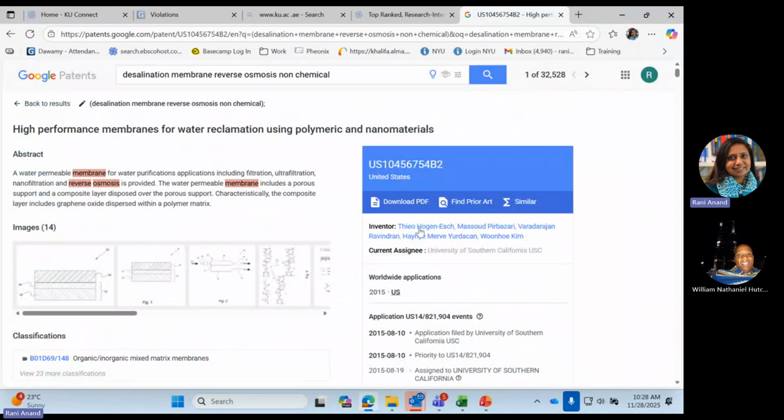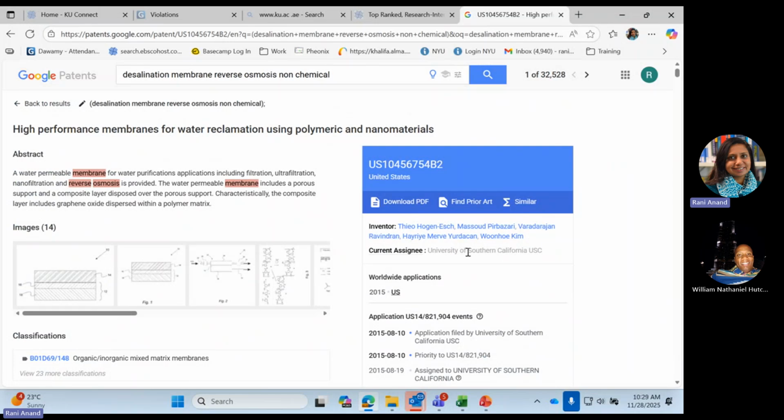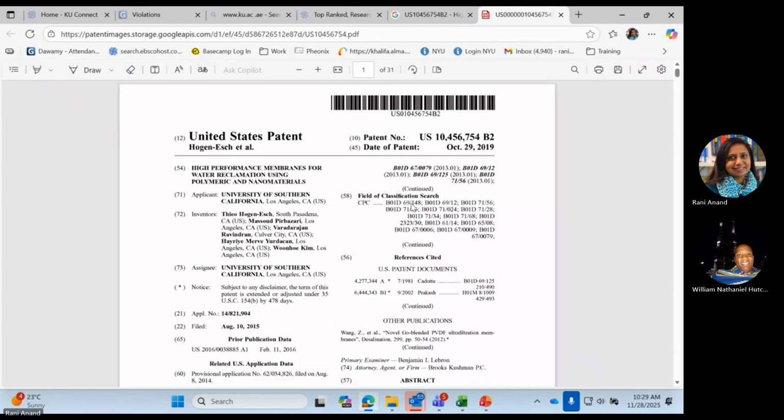The inventor is a group of inventors, and this patent is from the Southern California University. You can download the PDF. It's a United States patent.